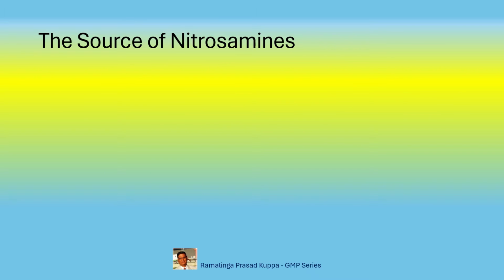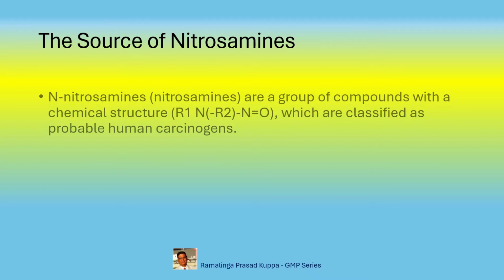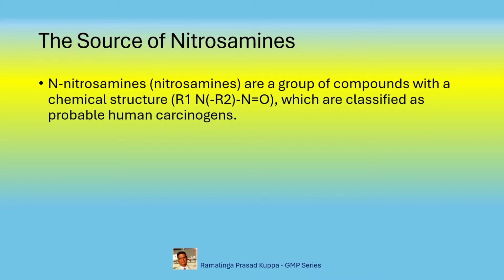The source of nitrosamines. N-nitrosamines, that is nitrosamines, are a group of compounds with a chemical structure R1R2N-NO, which are classified as probable human carcinogens. These nitrosamines are present in many SARTAN molecules, including valsartan.